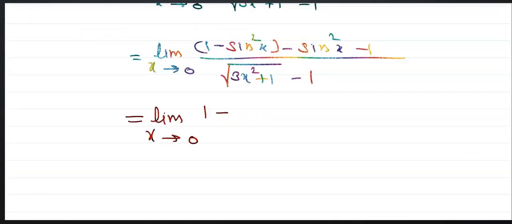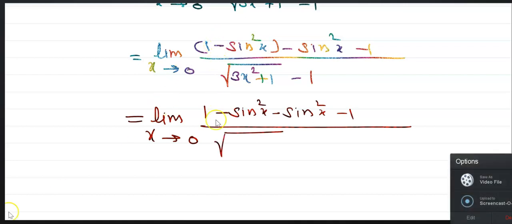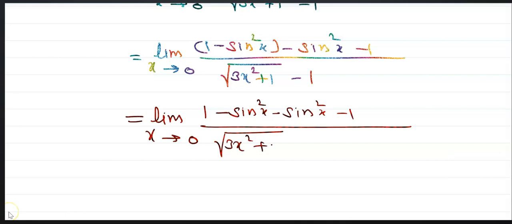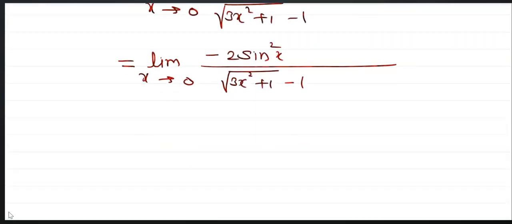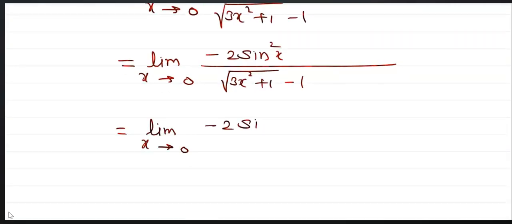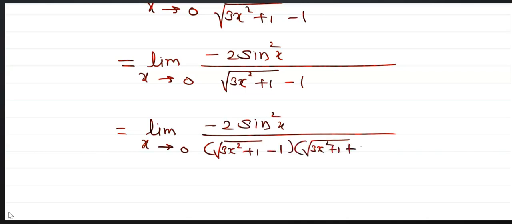Now see this here. Now we'll multiply by the rationalizing factor, limit x tends to 0. This is the numerator: 1 minus sin square x minus sin square x minus 1. Plus 1 and minus 1 get cancelled, then you will get minus 2 sin square x. Now multiply it with the rationalizing factor, root of 3x square plus 1 plus 1.